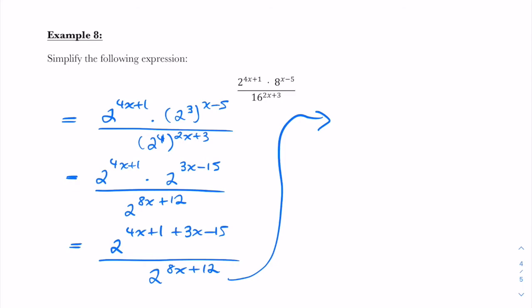Let's simplify the numerator by adding the terms in the exponent. And we're almost there. Now that we're dividing two powers with the same base, keep the base and subtract the exponents.